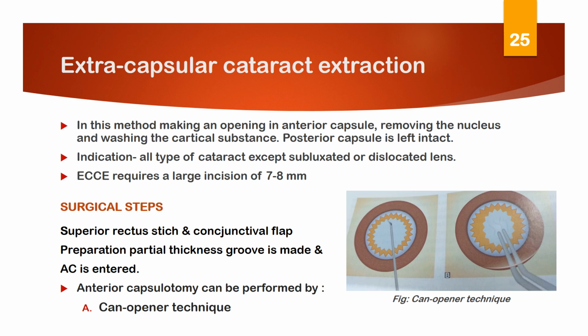Surgical steps, in short: superior rectus stitch, conjunctival flap preparation, a partial thickness groove is made and the anterior chamber is entered. Anterior capsulotomy can be performed by the can opener technique, in which multiple cuts are made in the anterior capsule.